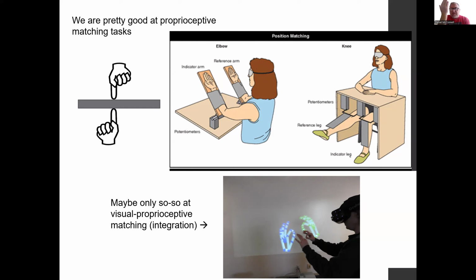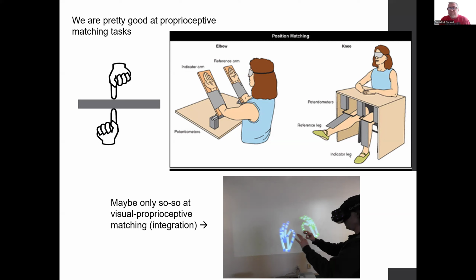And now the subject's job is to take their left arm and indicate with their left arm the same angle, right? Essentially to try to match the orientation of their elbow. And the potentiometers in the base of this contraption can measure the exact angle that they've set it at, to see how you can measure exactly to some angular degree how accurate a person can be at this task.